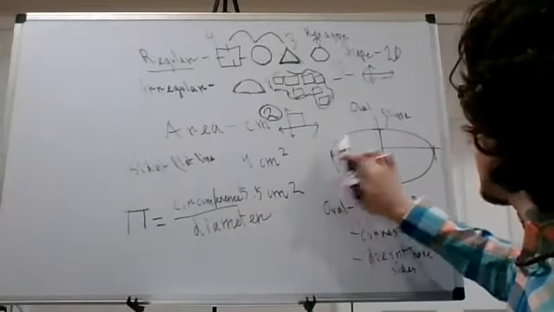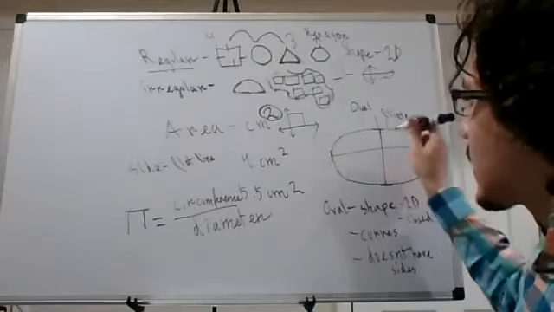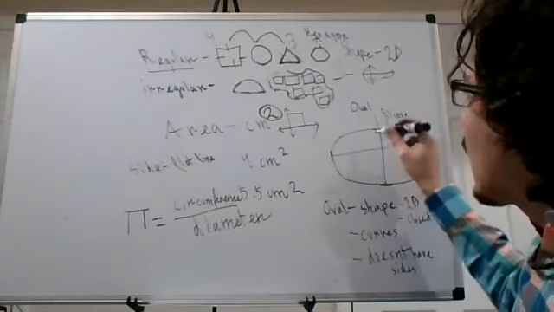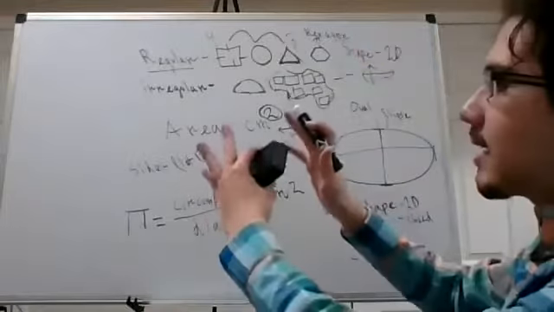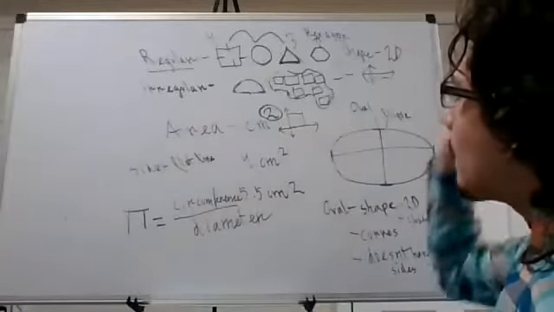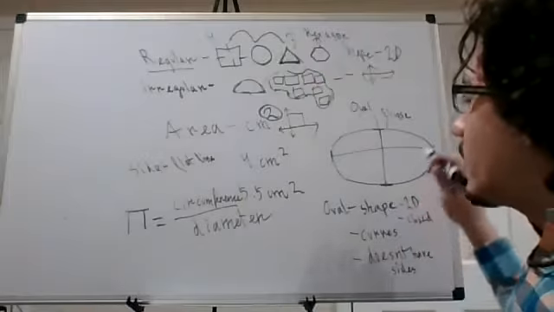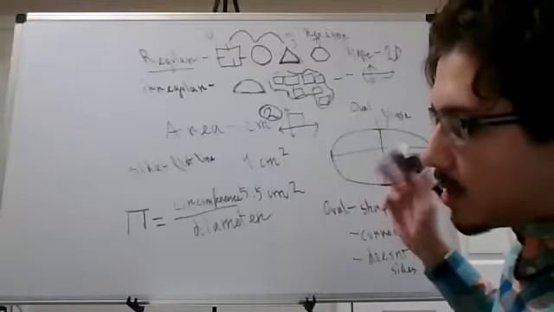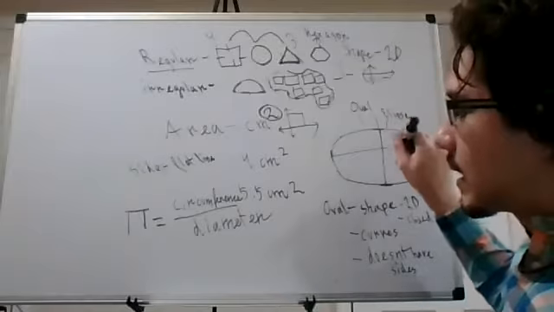So what I'm getting at is that when you have a shape, such as an oval, where it looks kind of like a circle, but it's like a stretched out circle, because it's not quite a circle, but it's similar, we will use elements of a circle to understand how an ellipse works.